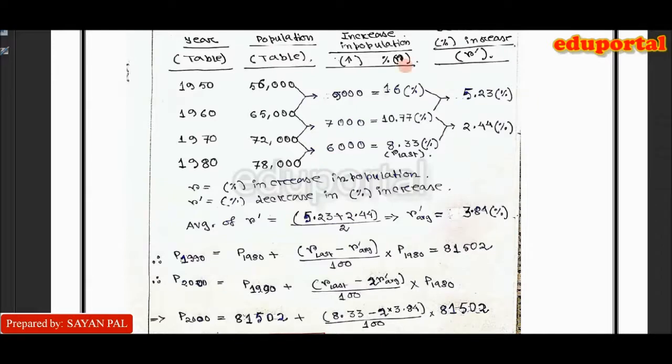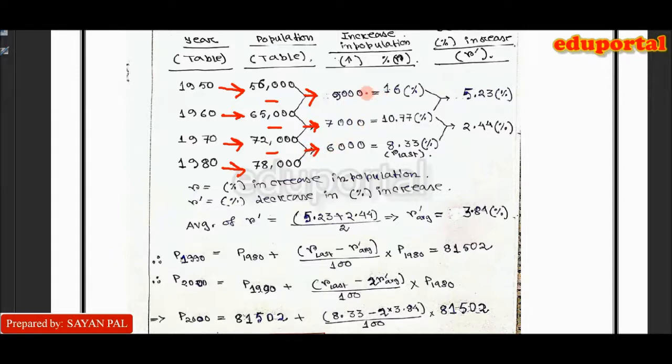Year and population are given. In 1950, 56,000; 1960, 65,000; 1970, 72,000; 1980, 78,000. So 65,000 minus 56,000 gives 9,000, 72,000 minus 65,000 gives 7,000, and 78,000 minus 72,000 gives 6,000.